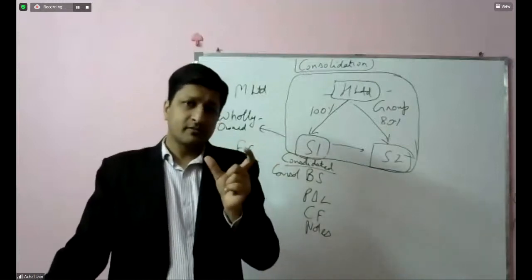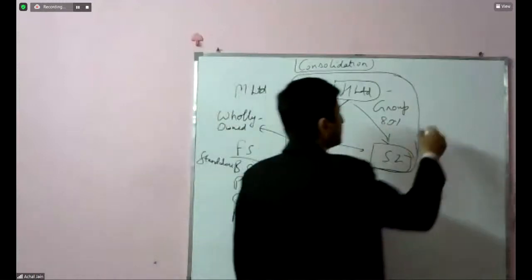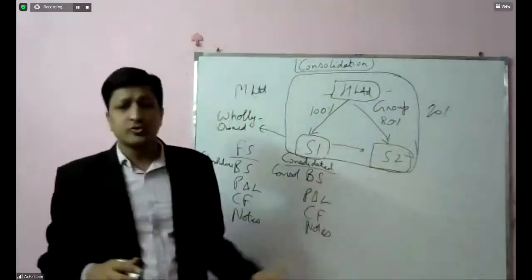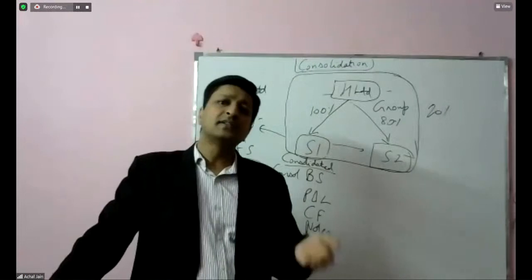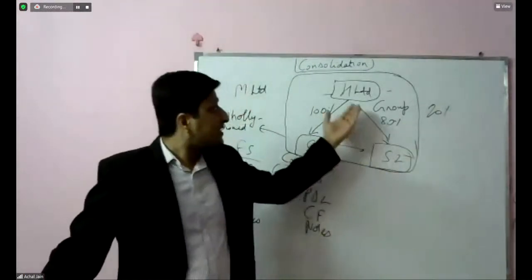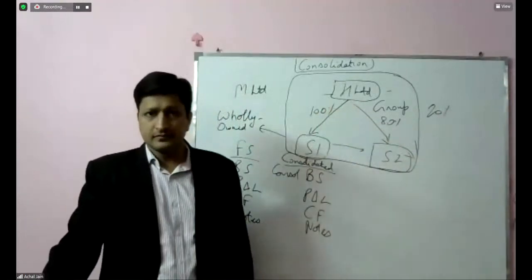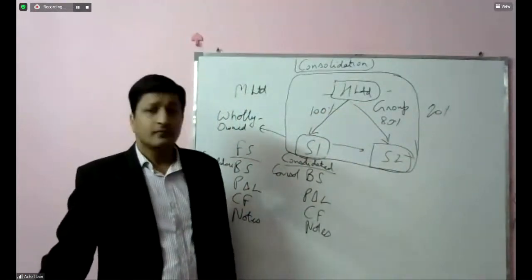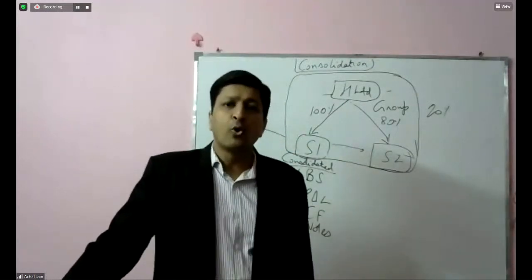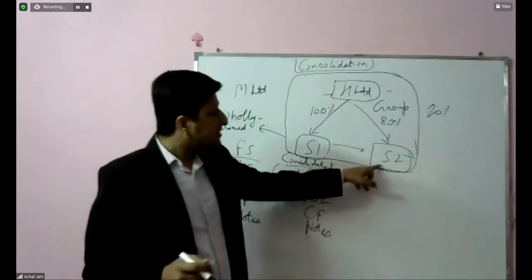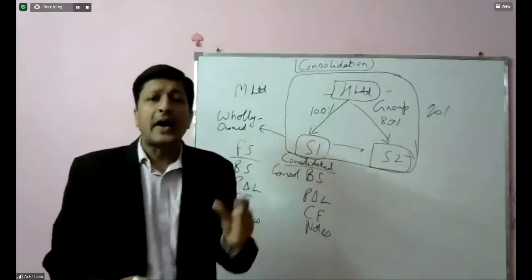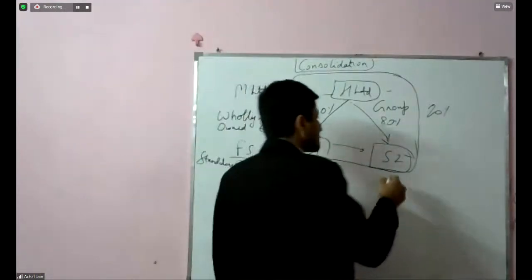Some portion, what's that some portion? 20%. 20% shares of S2 are held by other companies, or you can say other shareholders. Other means other than H Limited. This is a scenario of a partly owned subsidiary. So in this scenario, what do you call S2?